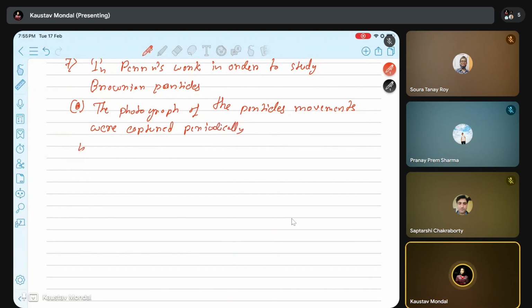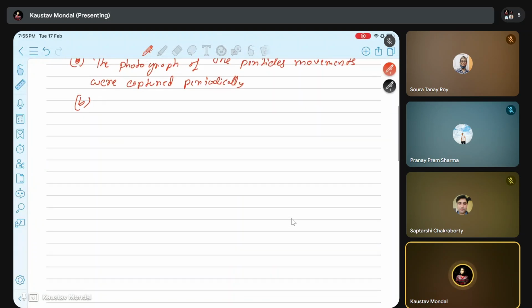Option B, the real-time particle trajectory was drawn by hand. Option C, particle positions were drawn by hand at a given time interval.